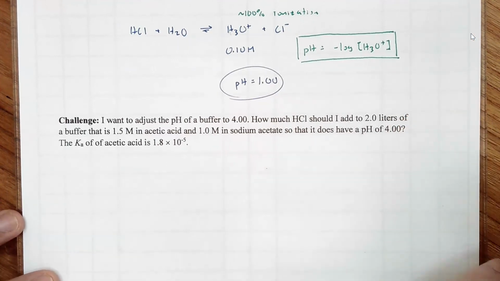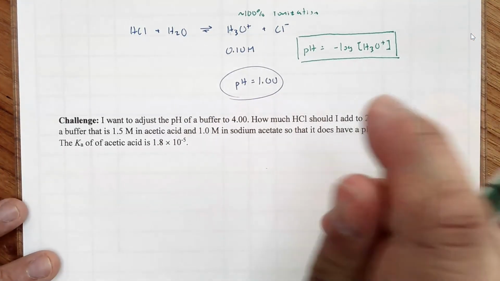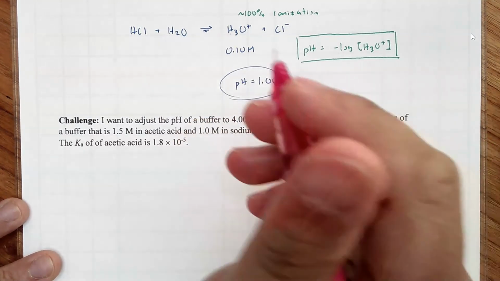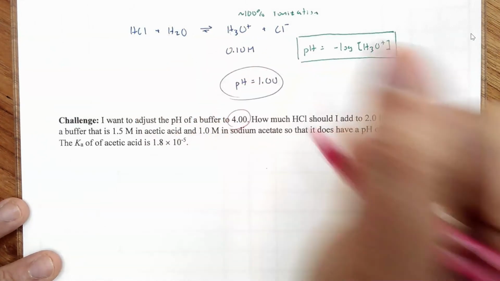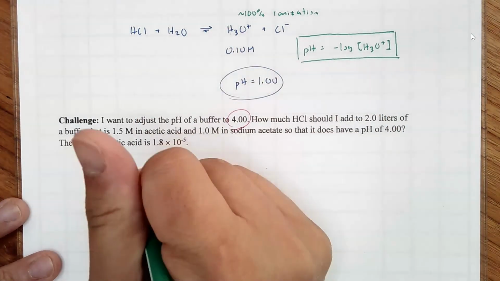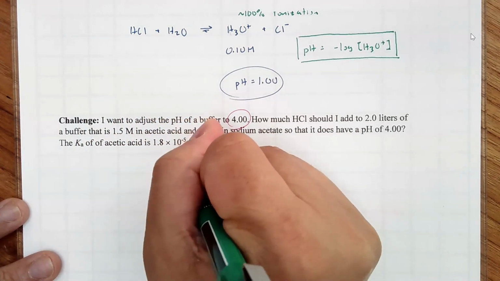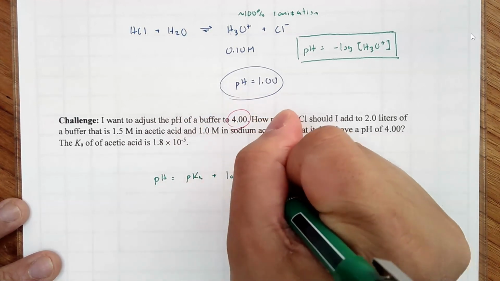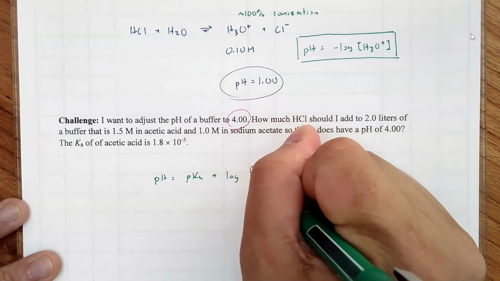I'm not going to do this with you. Maybe I'll do this in a future video. But what is the twist here? The twist here is that they want you to adjust the pH to 4.00. So if you look at your Henderson-Hasselbalch, you have pH equals pKa plus log of the concentration of the conjugate divided by the concentration of the weak acid.